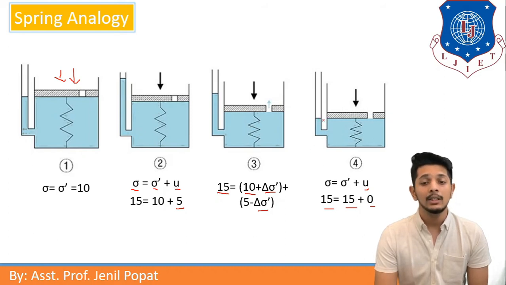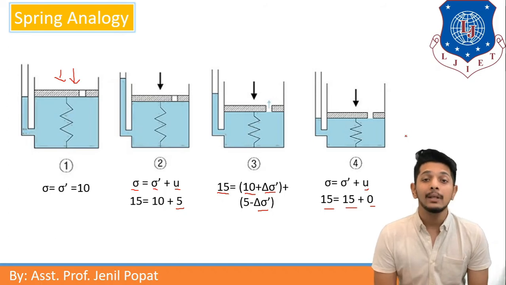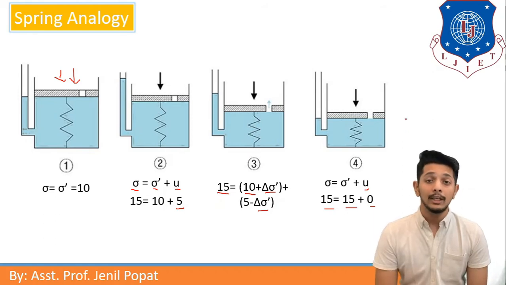Here we can see water pressure is 0. So the spring analogy can be used to understand primary consolidation of a soil water system. Here spring means solid particles, valve means permeability of soil, and water means voids and water in the voids. So that's it for spring analogy.